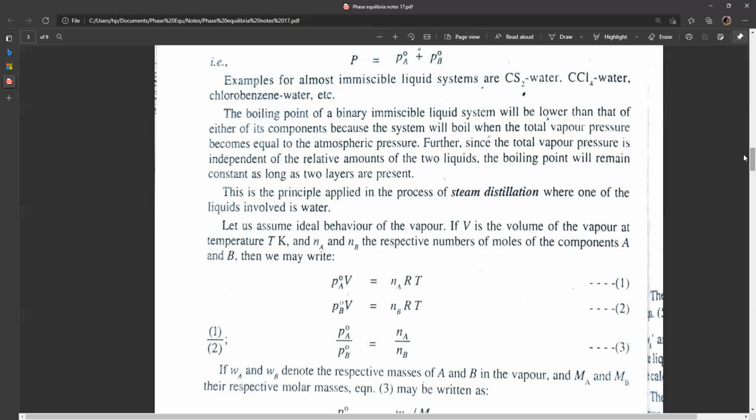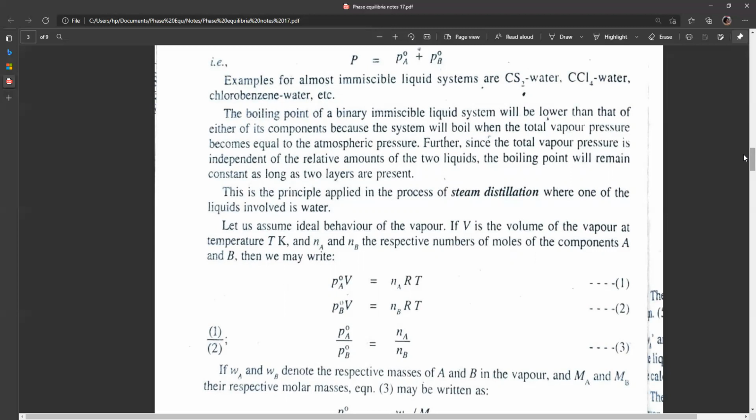Let V be the total volume of the vapor at constant temperature T Kelvin, and na and nb the respective numbers of moles of components A and B. Then we write P0A V is equal to naRT, and P0B V is equal to nbRT, according to the ideal gas equation. So P0A by P0B is equal to na by nb.